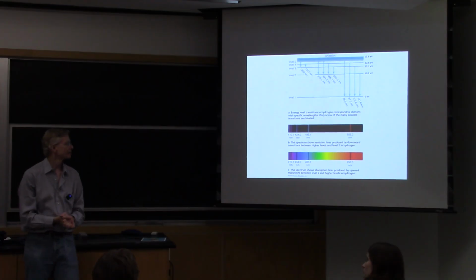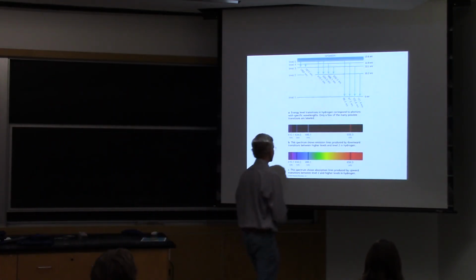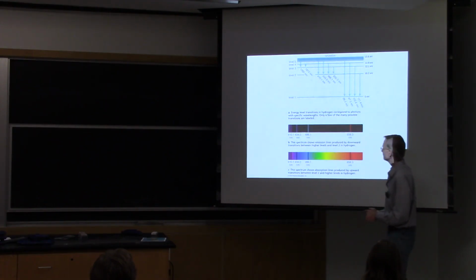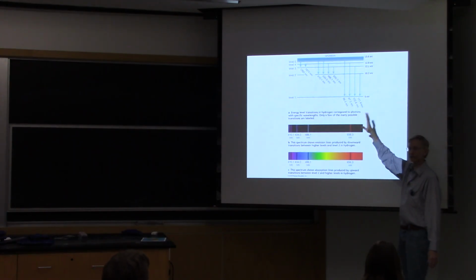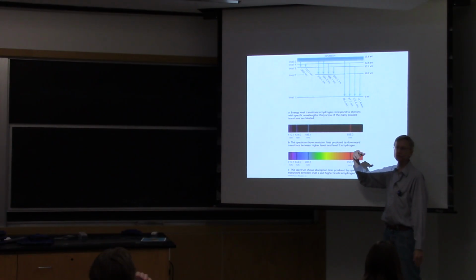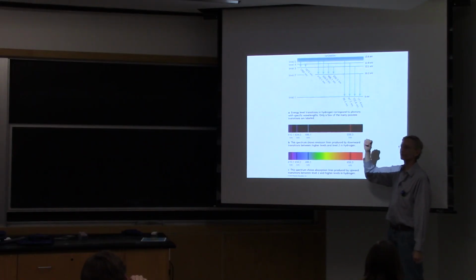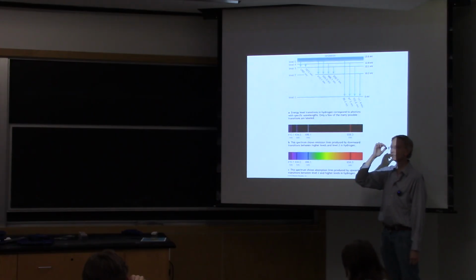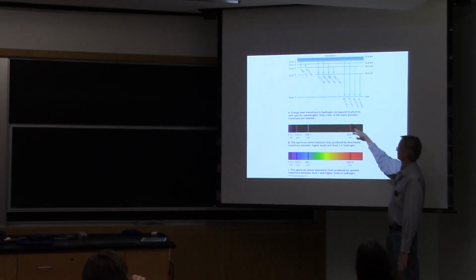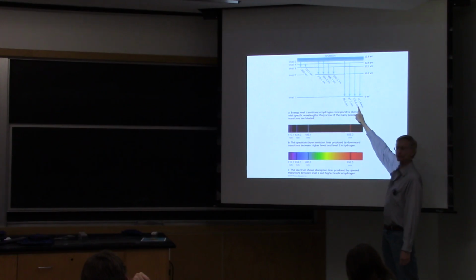Lyman alpha: if I take 1240 and divide it by 10.2 electron volts, it's about this. These are more precise using the actual value of hc. But essentially, if you take 1240 eV nanometers and divide it by 10.2 eV, you get, close enough, 121.6 nanometers.